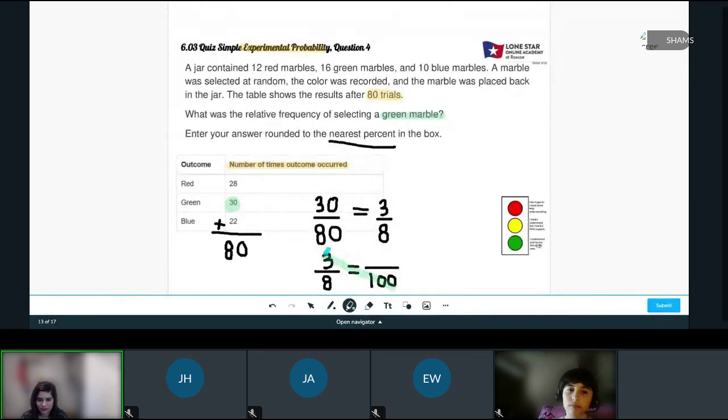So multiply 3 times 100. 3 times 100 will give you 300. And then divide by 8. Cross multiply and then divide by 8. When I did that, I will get something like 37.5.